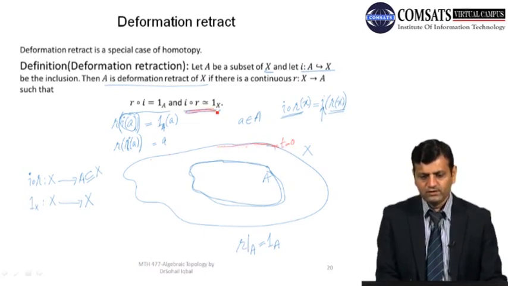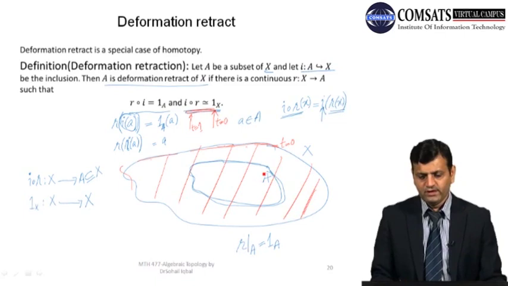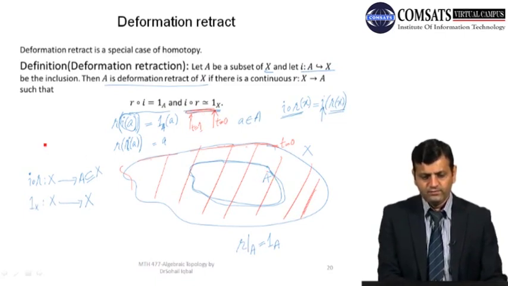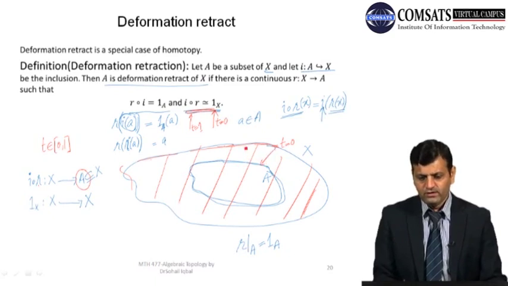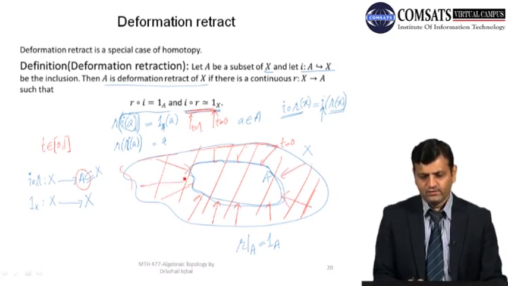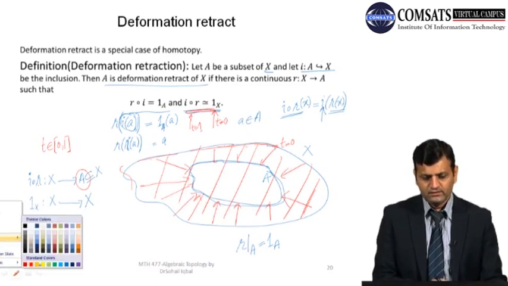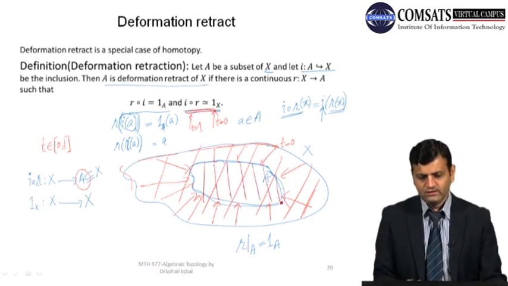Since these are homotopic, at t equal to 0 we are at 1X, and at t equal to 1 we are at I composition R. So at t equal to 0 we have this whole space X, but with the passage of time, as time passes from 0 to 1, at t equal to 1 we are at A. So the image of this function is A. Somehow we are deforming this set X into this set A, and at the end we have this set A at t equal to 1.